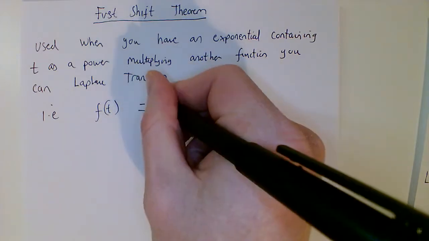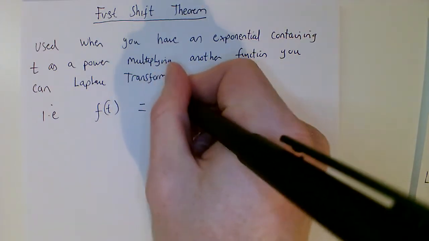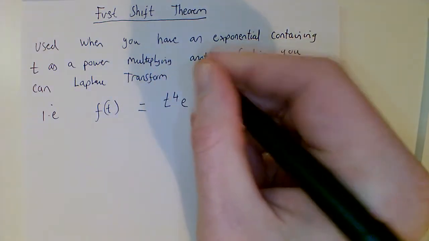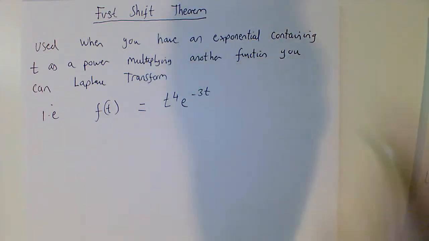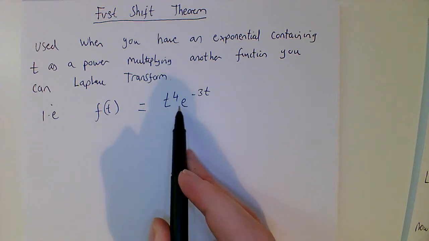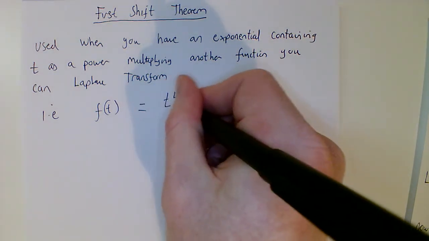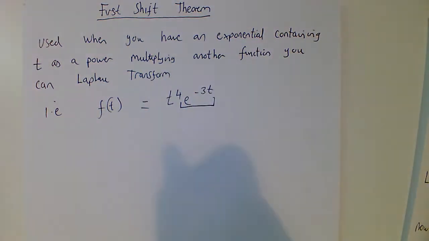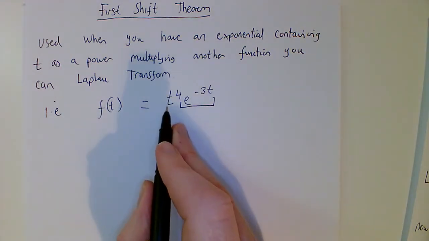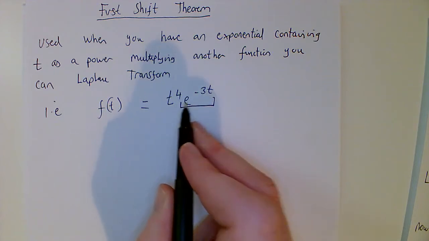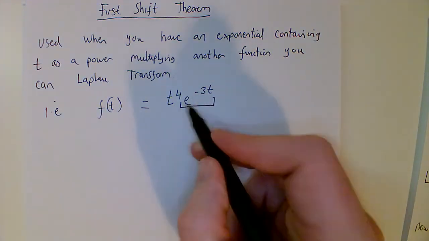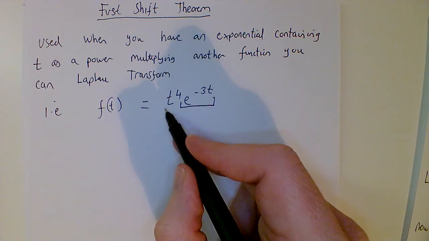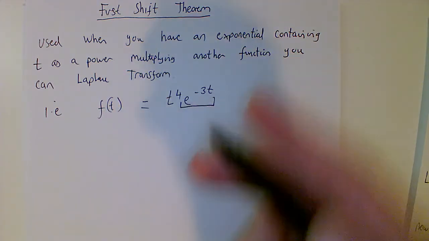If I had t to the power of 4 e to the power of negative 3t, you can see I've got an exponential with t in it, and that's multiplying something else I can find the Laplace transform of. So I would use the first shift theorem because it's an exponential term multiplying another term that you can find the Laplace transform of.